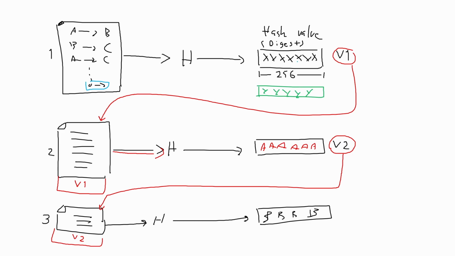And because you have a different hash value here, this value is going to change. And because of that, this value is going to change. So if you change anything in any block in the chain, the hash values of the blocks after the change will be different from the original hash values. With this kind of chain of hash values, you can't tamper with any blocks on the chain. The chain's integrity is always intact.